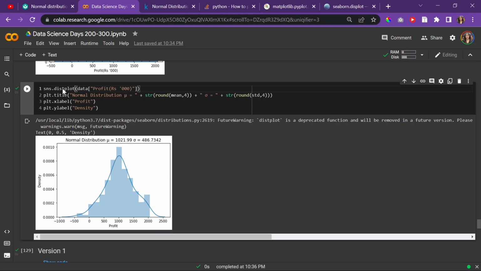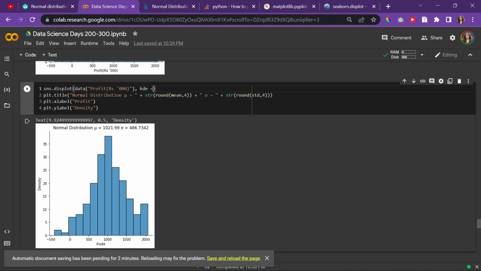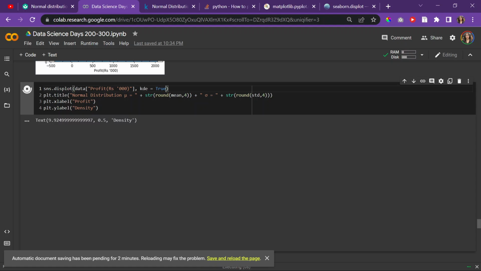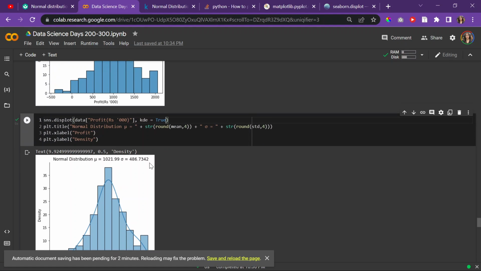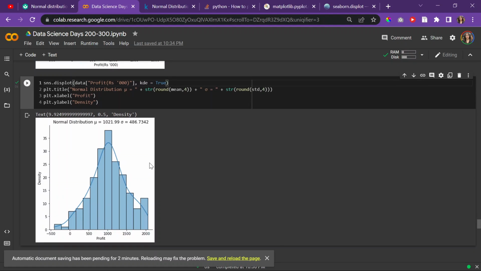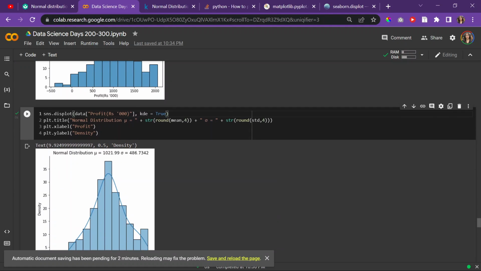Oh, you know what I can do? I think if I do displot and I do KDE equal to true, or is it density equals true? See, I see the curve. So either way, I can visualize the curve no matter if I have that or not. So it's the same thing. That's interesting.